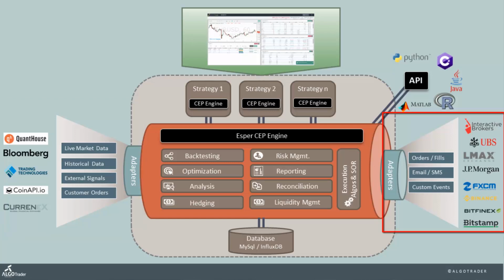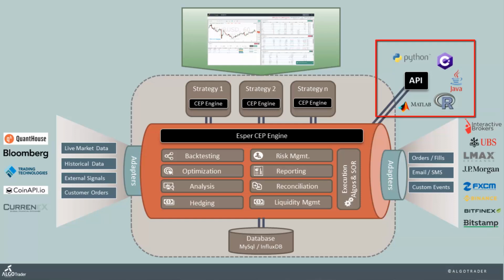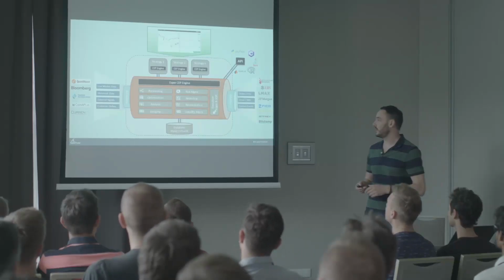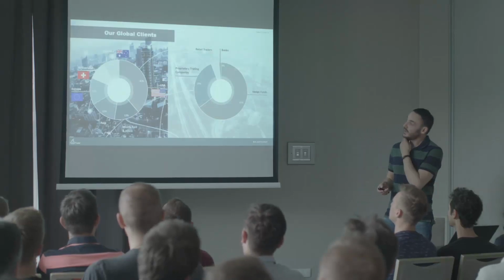Here on the right-hand side, we have the outgoing adapters mainly for placing orders to the exchanges or to brokers. But also the system can send email and text messages and so forth. And we have a public API using REST and WebSocket. Yeah, so just that you have a bit of an idea how our system looks like.